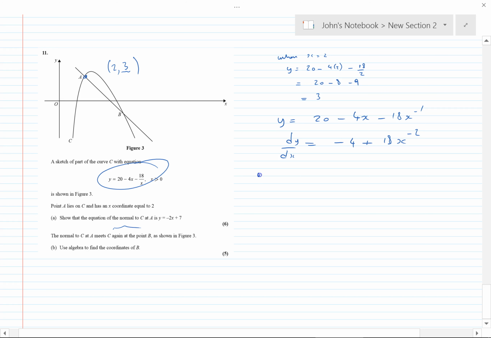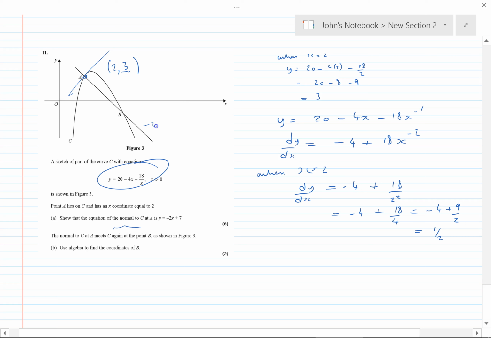So when x equals 2, dy by dx is equal to minus 4 plus 18 over 2 squared. So it's minus 4 plus 18 over 4, minus 4 plus 9 over 2, which is 4.5. So it's minus 4 plus 4.5, so that's a half, the gradient of the tangent there.